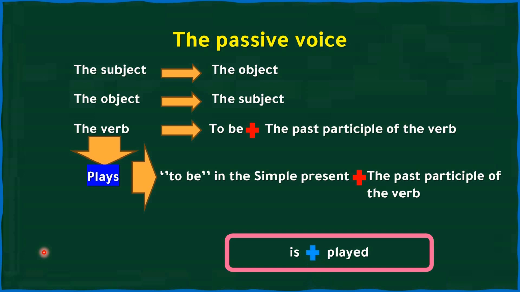Here we have to be in the simple present because we have the simple present, and for the main verb play, we put it in the past participle, for having what we call the passive voice. This is for the passive voice. Okay, good.